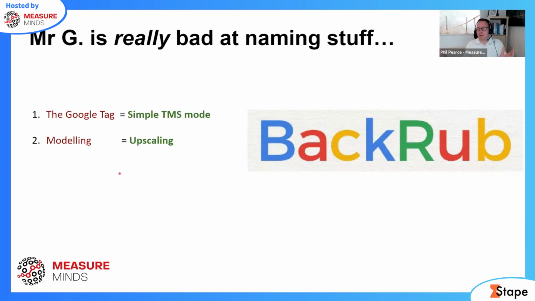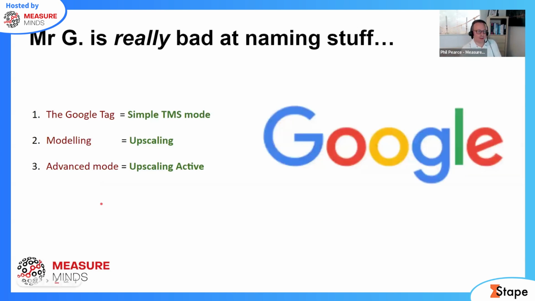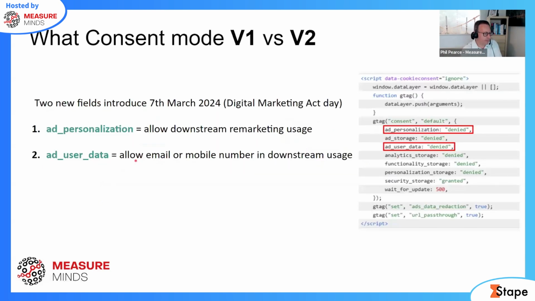They're like, I'm not sure. But if you say, do you want to turn on upscaling? They're like, yes, please. Advanced mode is really just modeling active. And don't get me started on conversions, renamed key events, and all that craziness. Basically, Google, please just keep things simple. Don't confuse users by picking crazy names for stuff.